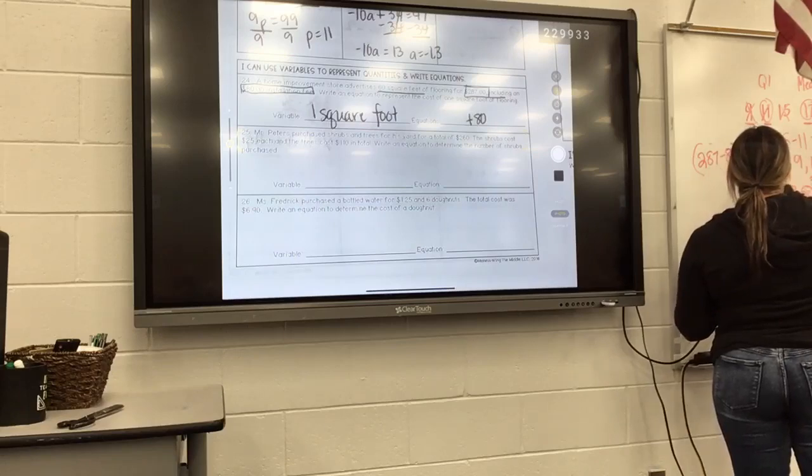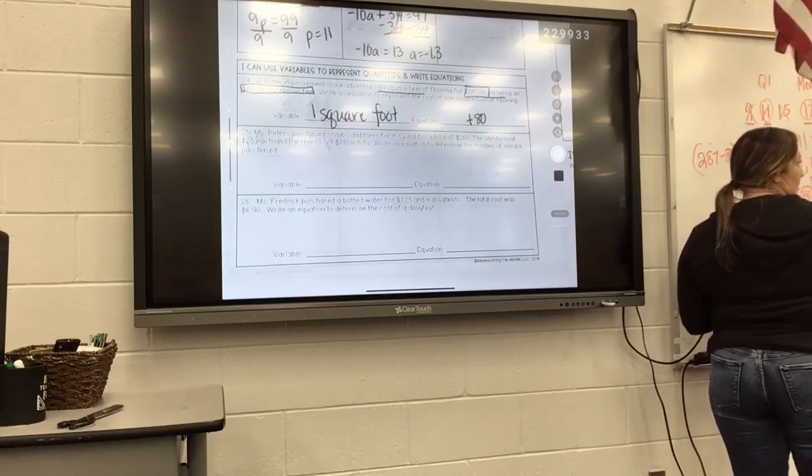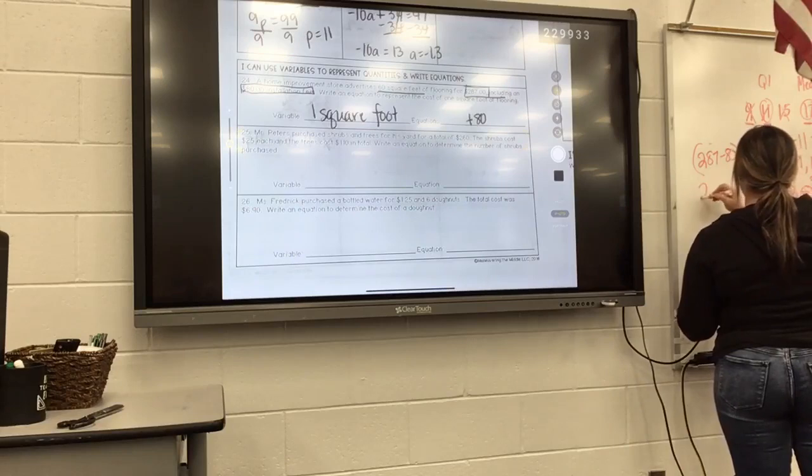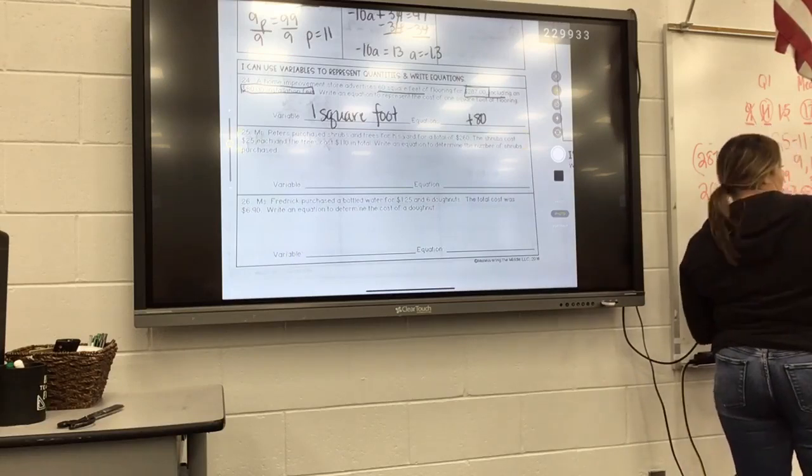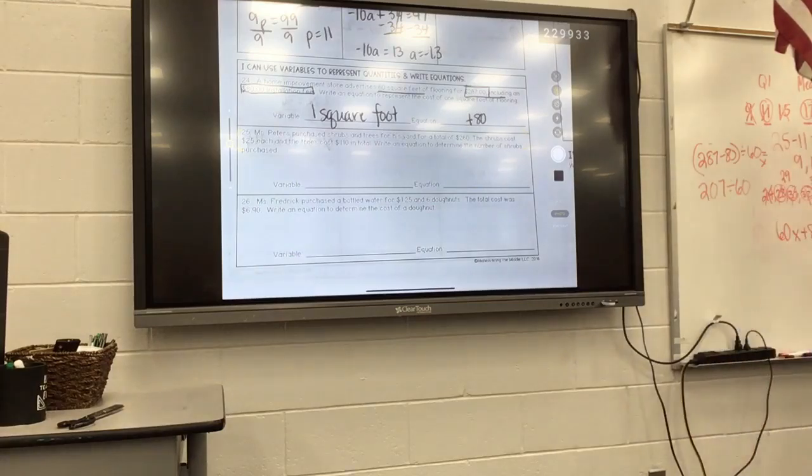You could just do a basic 2-step equation. So this becomes 207 divided by 60. That makes sense. You just have to do a 2-step equation. 207 divided by 60, so $3.45 a square foot.